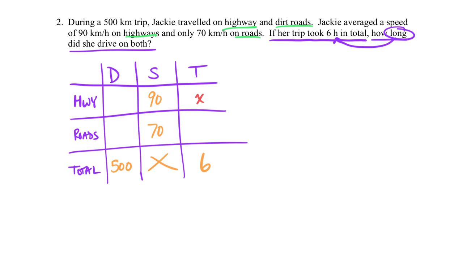Now, you can pick, do you want X to be your time on the highway? Do you want X to be your time on the road? Do you want to use two variables, X and Y, and solve a system? Okay, your choice. What I want you to do, determine how you want to use your variable, and then try to fill in the rest of the chart. Okay, pause it now.